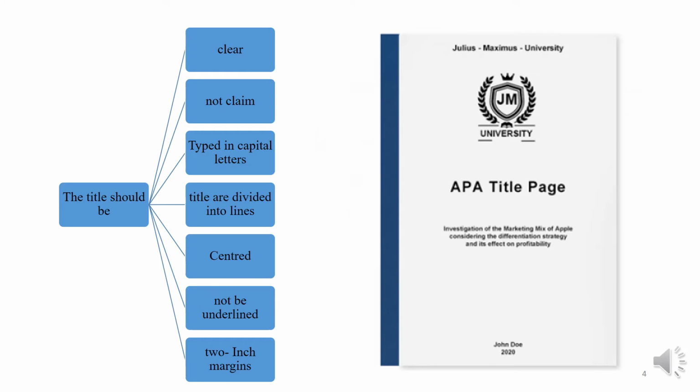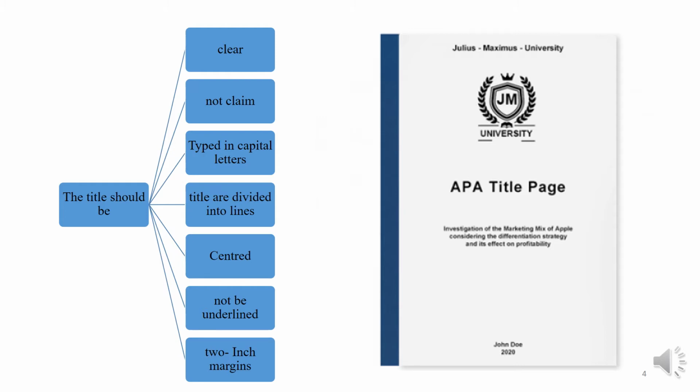Here is another example of the title page, and we have some guidelines to follow about the title page. Number 1, the title should be concise, descriptive, comprehensive, meaningful, and should indicate clearly the process of the study. So your title should be clear and as short as possible.